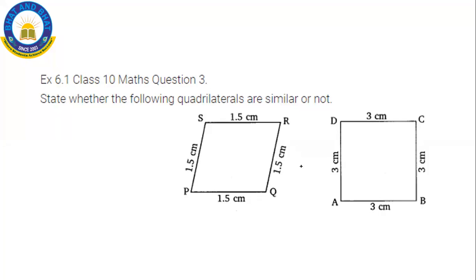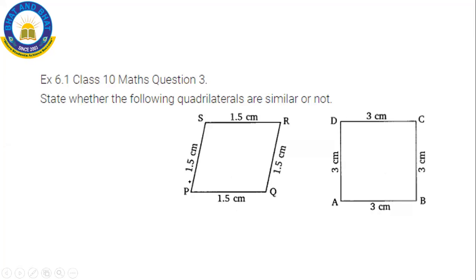Most of you are saying they are similar. Okay, no, they are not. Divya says no. Pooja says no. Shreya says no. Mridula says no. But a few of you are saying yes. Vibha also says no, sir. They are not. So what is the reason?